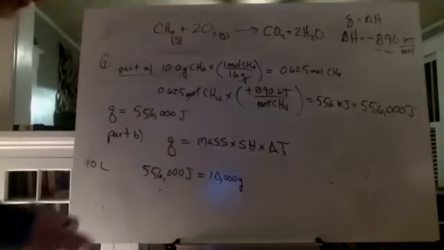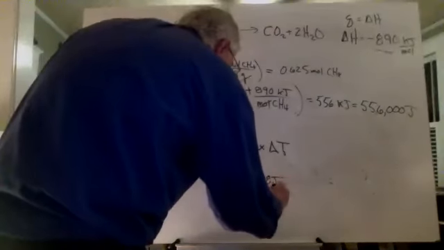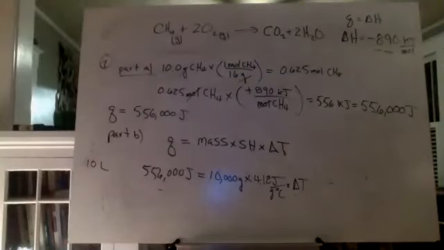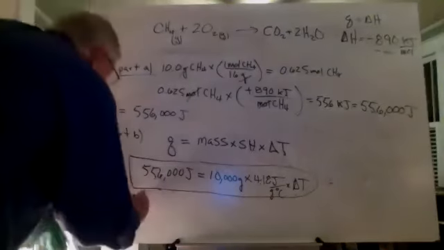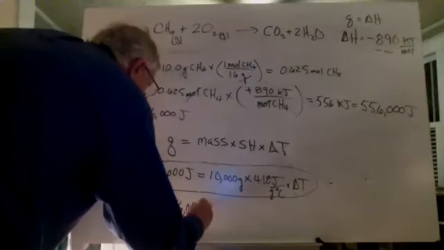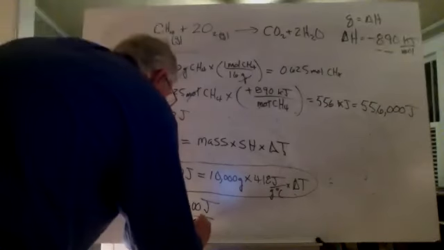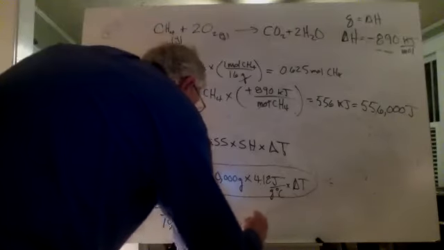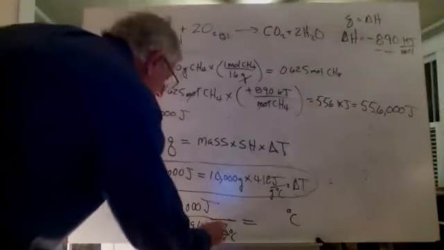So 10,000 grams of water times the specific heat capacity of water, which is 4.18 joules per gram per degree C, times delta T. And now we have one equation with one unknown, and our one unknown is delta T. So we solve for delta T, which would be 556,000 joules divided by 10,000 grams and divided by the 4.18 joules per gram per degree C. And the only unit that's left is degrees C, because the grams will cancel and the joules will cancel.